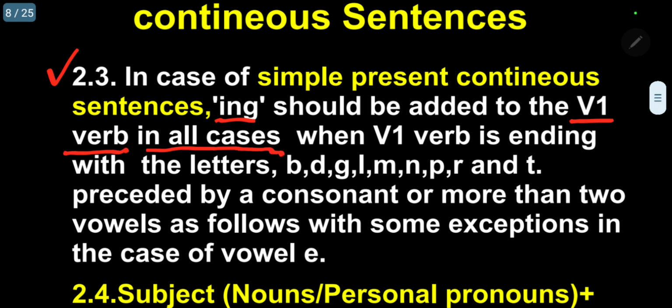In all the cases, when the V1 verb is ending with the letters B, D, G, L, M, N, P, R, and T. My dear students, these letters you have to memorize. Otherwise, you will make mistakes. So these letters should be memorized.